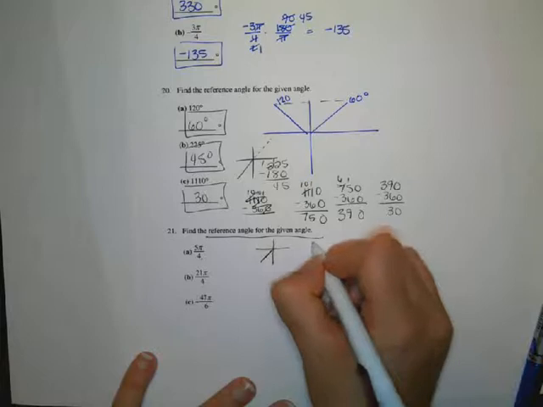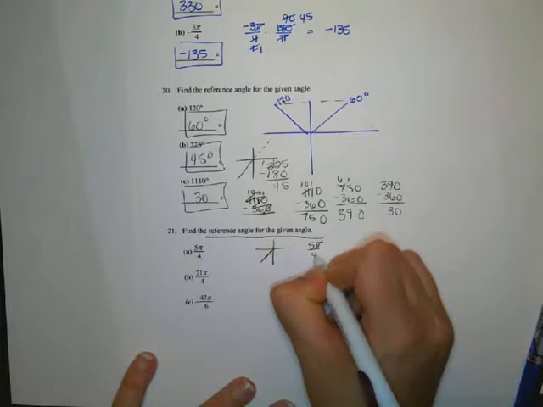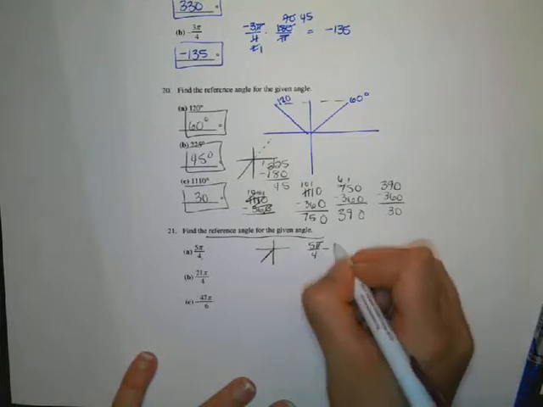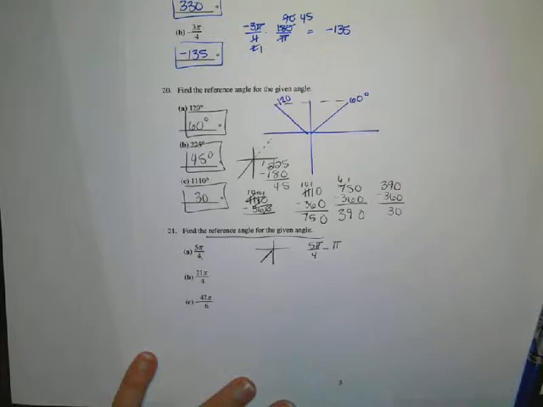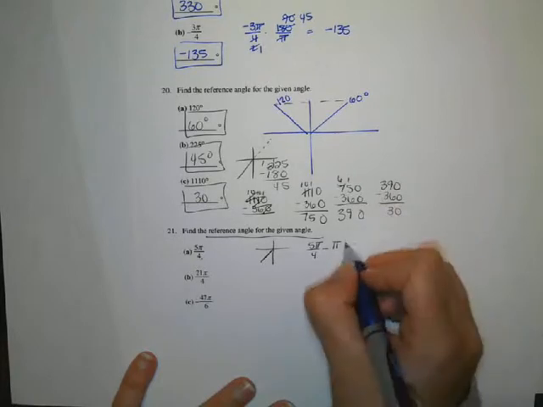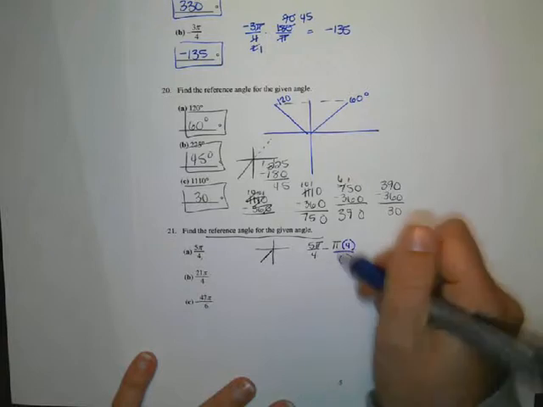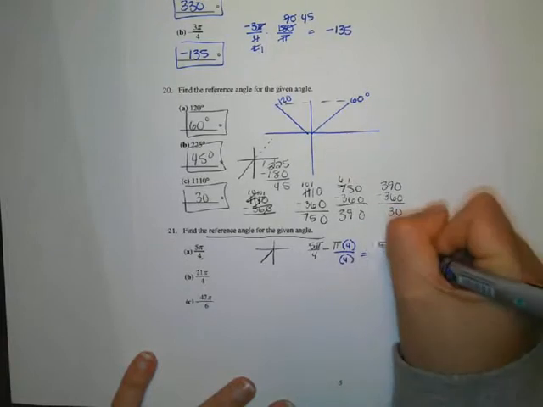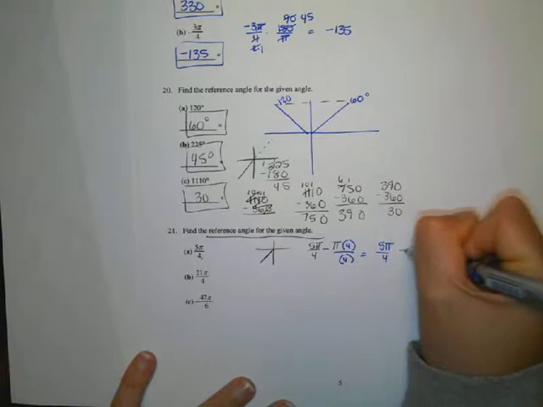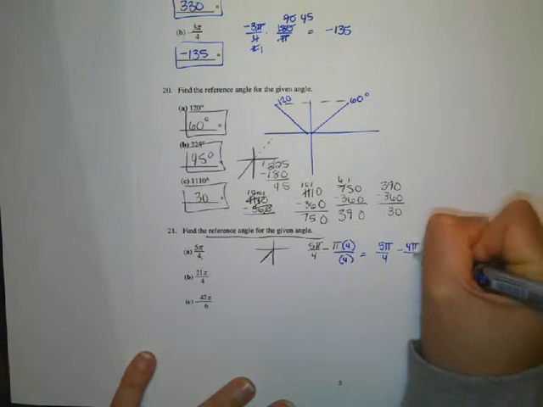Now 180 in radians is pi, so first I would need to multiply by 4 over 4 to get a common denominator. So I would have 5 pi over 4 minus 4 pi over 4, and what does that become? Good, 1 pi over 4. So that is the reference angle.